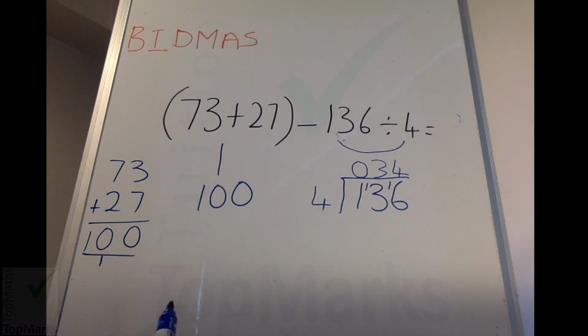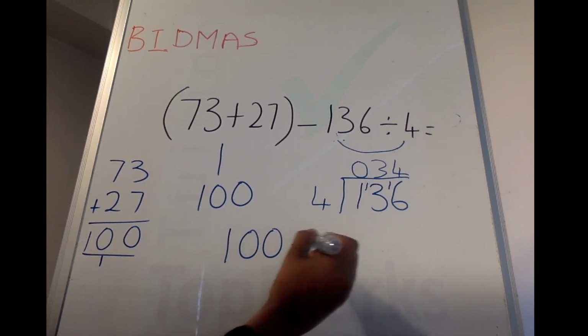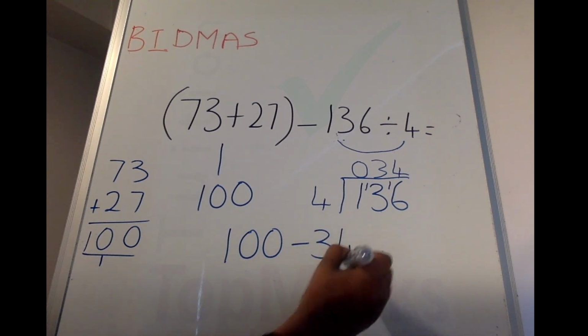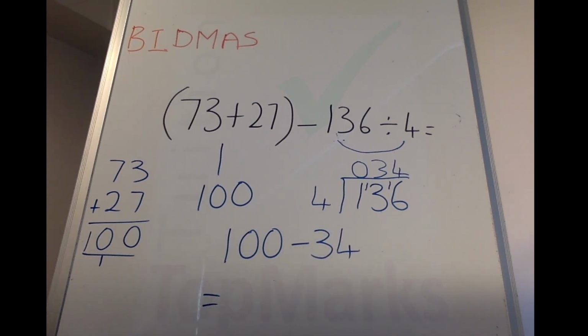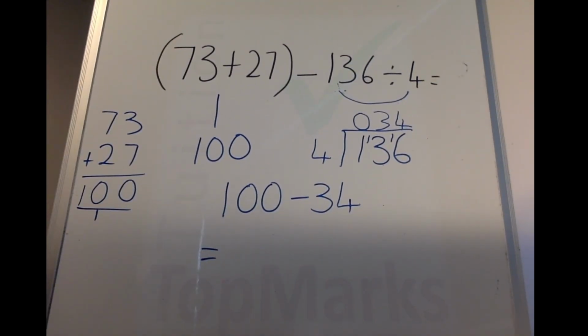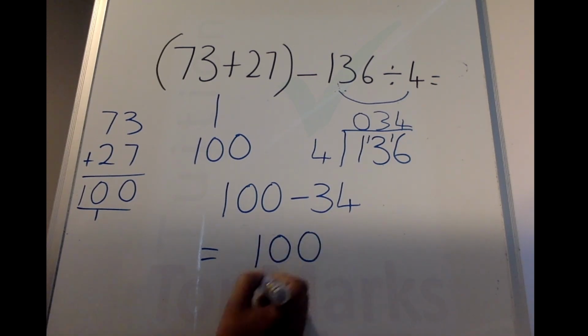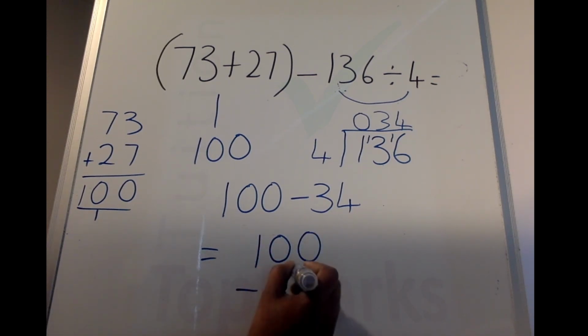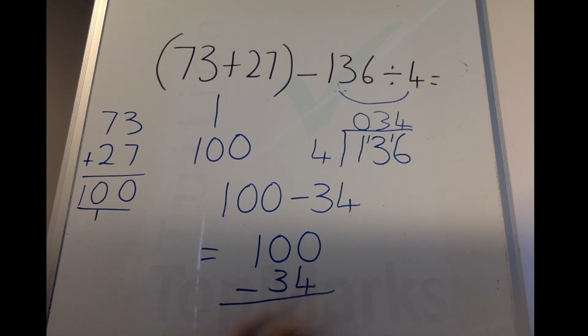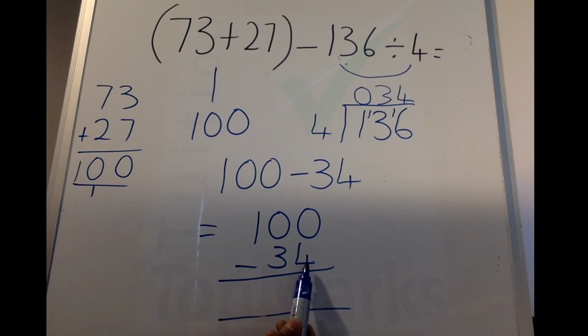So the next step in my calculation is 100 subtract 34. And again, if you cannot do this mentally, don't panic. Use the formal written method for subtraction and complete your calculation. 0 take away 4, I can't do it.